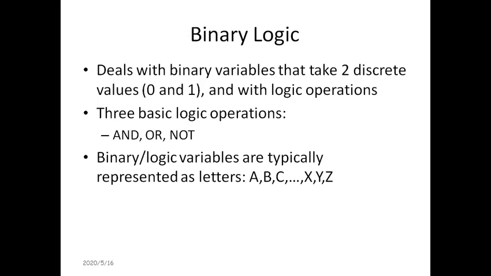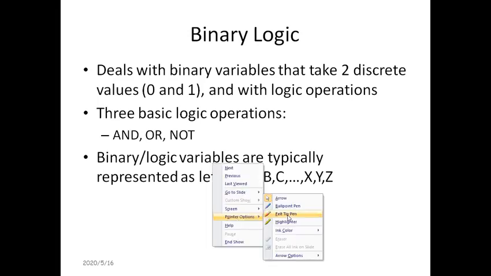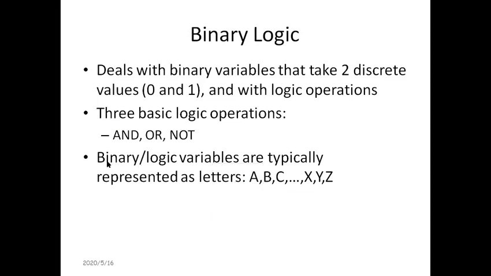So the three basic logic operations are the AND, OR, and the NOT. Then binary or logic variables are typically represented by letters A, B, C, or X, Y, Z, etc., depending on the number of variables that are being considered.